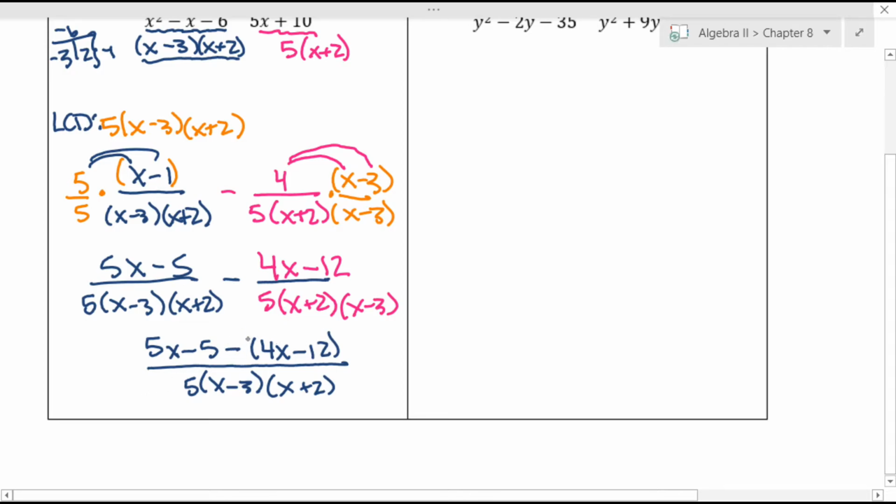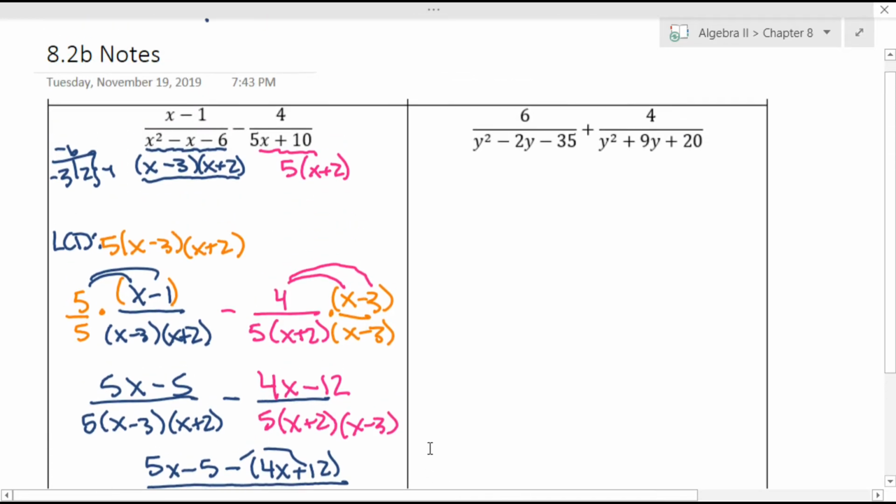So 5x minus 4x is just x, and then negative 5 minus a negative 12 would be a positive 12. So negative 5 plus 12 would be 7. So plus 7 on top, and then the least common denominator, 5 times x minus 3 and x plus 2. Whew, that's a lot. All right, let's do it again.